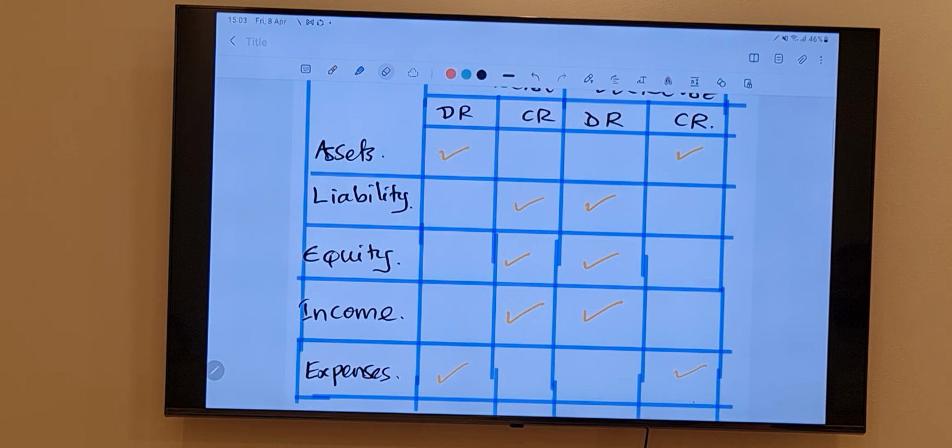Now I give 500. After giving 500, how much will be the balance? 1,500. So increase or decrease? Decrease. The supplier amount decreases. Cash increase or decrease? Decrease. So cash also decreases, supplier also decreases.